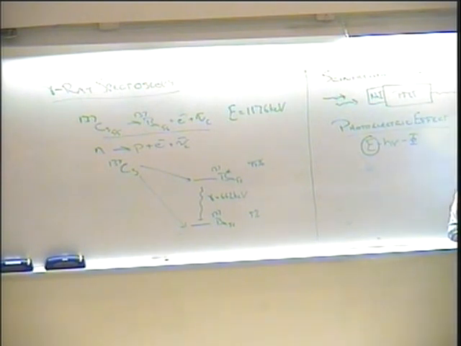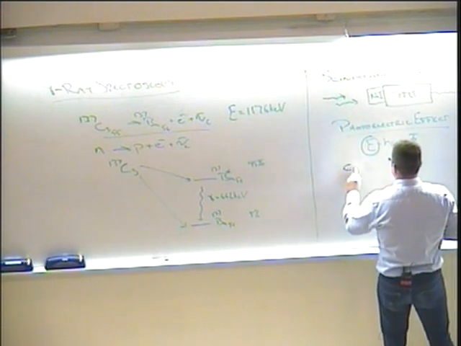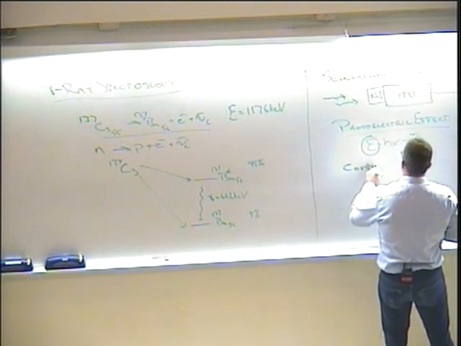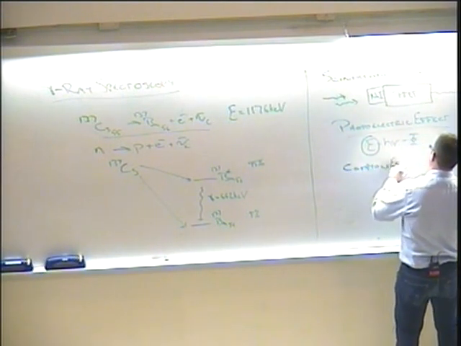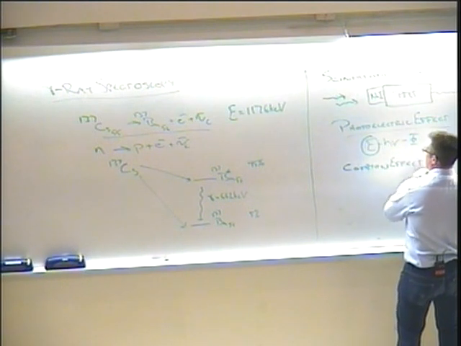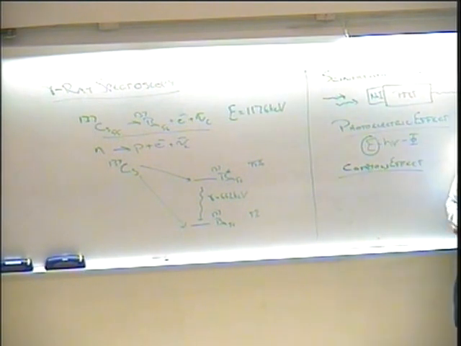The other process at play is the Compton effect. Now, the key difference between the photoelectric effect and the Compton effect is that you don't have complete absorption of the gamma ray photon. After a Compton interaction, the gamma ray photon is still there.